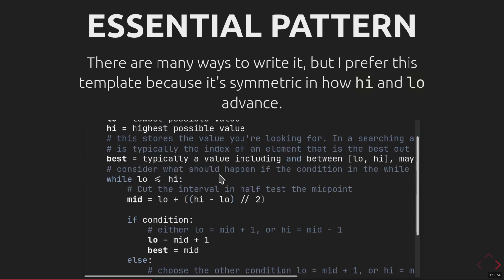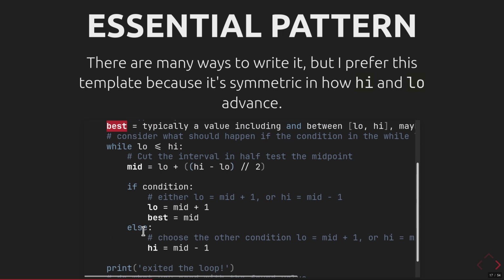I tend to find that if I have to guard for the case where this block is never triggered, I have to initialize best and think about why it's going to be that value. But basically, I capture the mid in almost all cases.